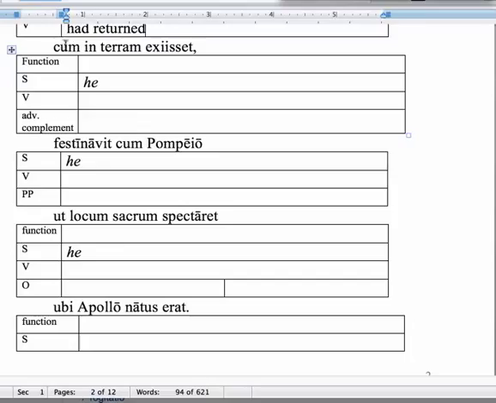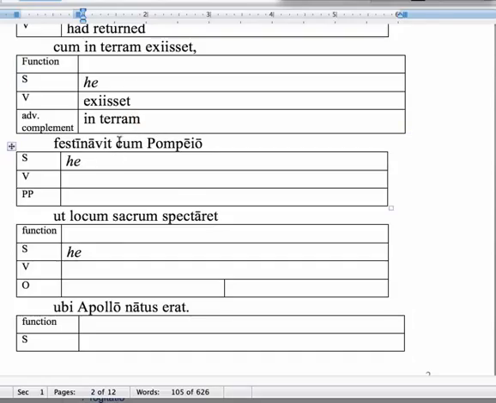Okay. So cum is the function word, in terram. In Latin, it's just a prepositional phrase, but in English, it's called an adverbial complement because this verb needs it to be meaningful, when he'd left onto land.